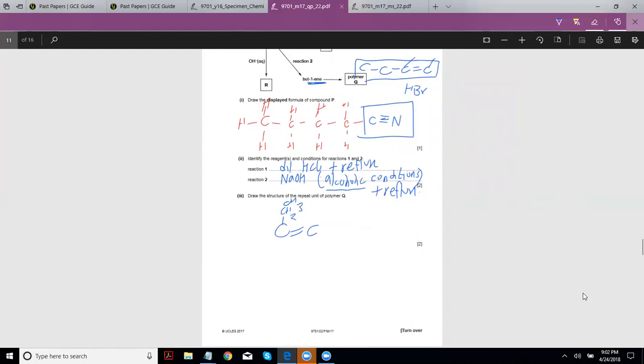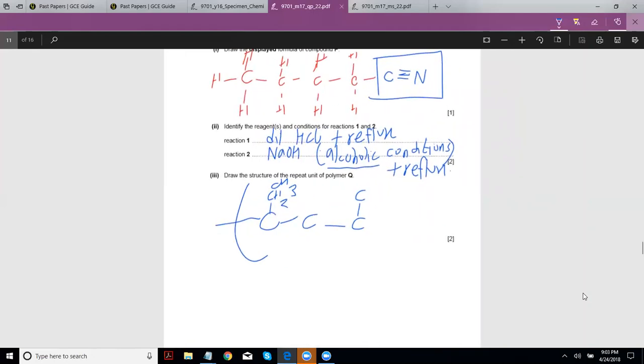You remove one of the bonds, हमने इधर कर लिया, and you just draw another structure of this, because for a repeat unit, they want you to draw 2 units. Good? Make sense?